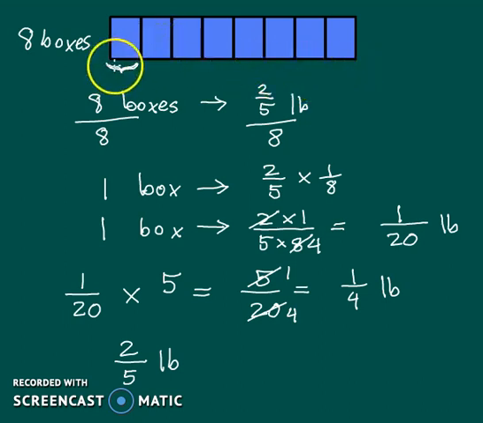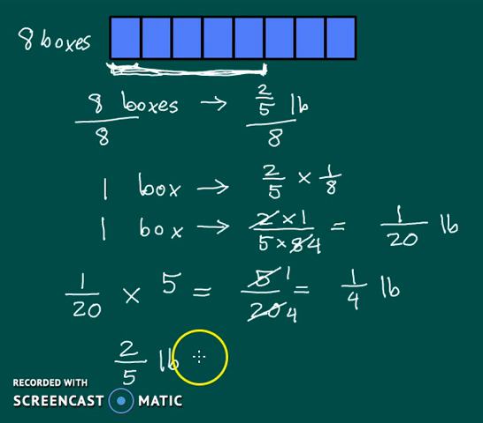What if I only want to know the weight of 5 of these units? So up to there. Only 5 of these units. So 5 of these units are represented by 5/8 of this entire bar.